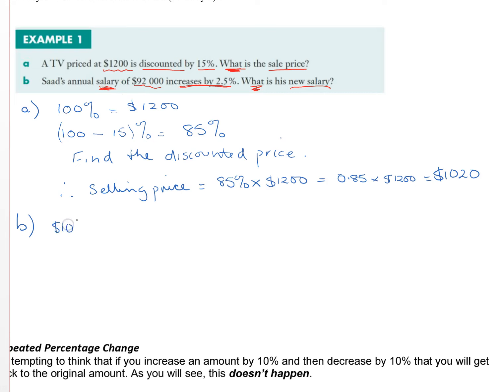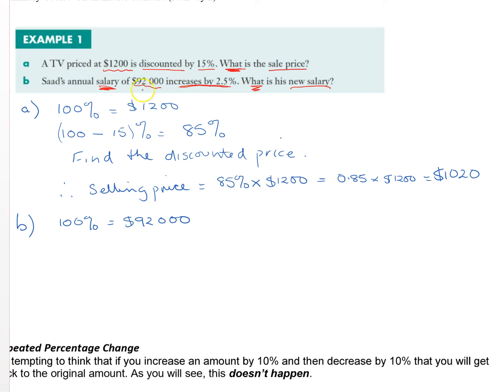100% is $92,000. Salary is not actually going to come into this question. Salary is only an important feature to identify when we're wanting to work out weekly wages from a salary. That's not going to be the case here.